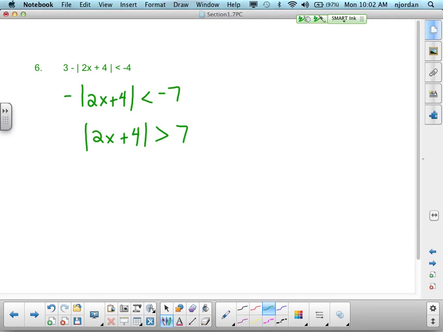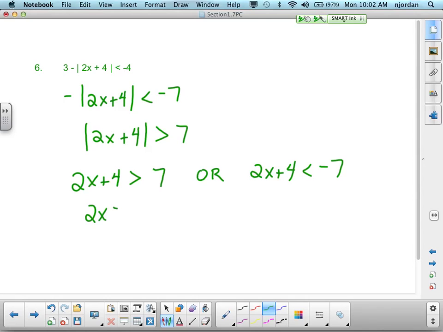So the absolute value of 2x plus 4 is greater than 7. This time it's greater than, so the shading is going to be on the outside. So we would write down 2x plus 4 is greater than 7, or 2x plus 4 is less than negative 7. Keep in mind you're not using absolute value in this spot. We took that away. We know visually what it should look like.